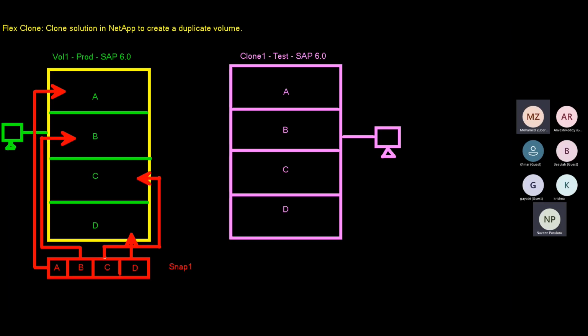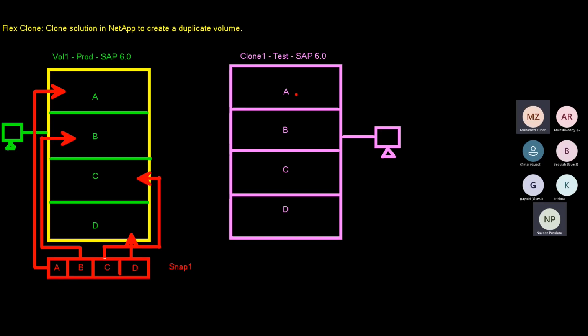That means when you created this clone, whatever the data you have on top of this volume, only that data will be copied to the clone. Whatever data after that, you are copying some additional data and you are deleting and modifying on production volume, whatever changes you made on this volume, those will not be applicable to clone.